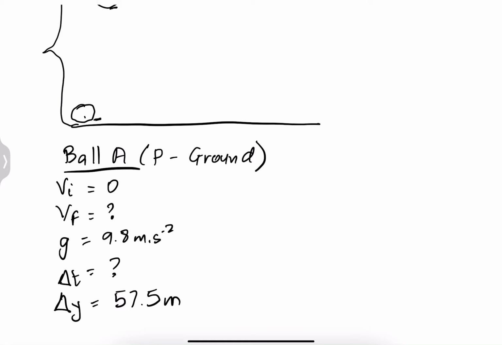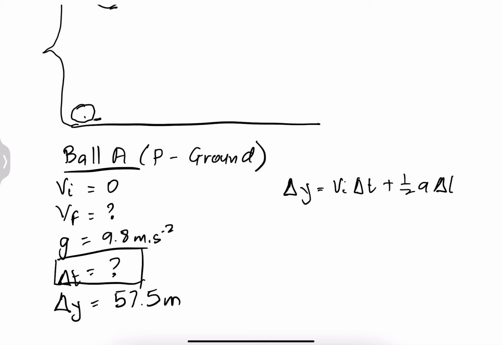So what we can do now is calculate the time it took for the ball to reach that point. I'm sure you can see that we're going to use the very same equation, delta y equals vi delta t plus 1 over 2 a delta t squared.